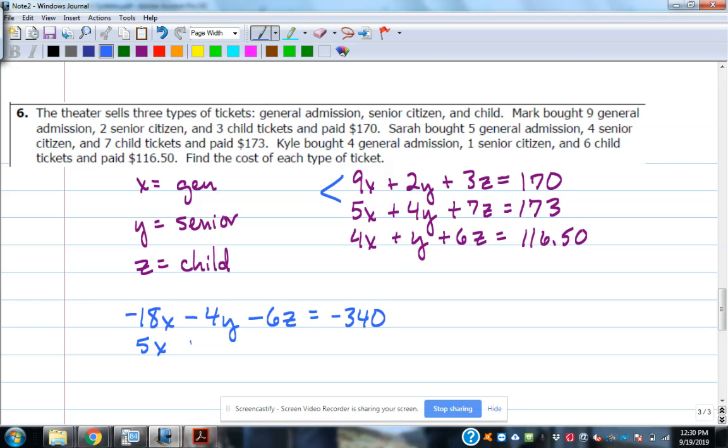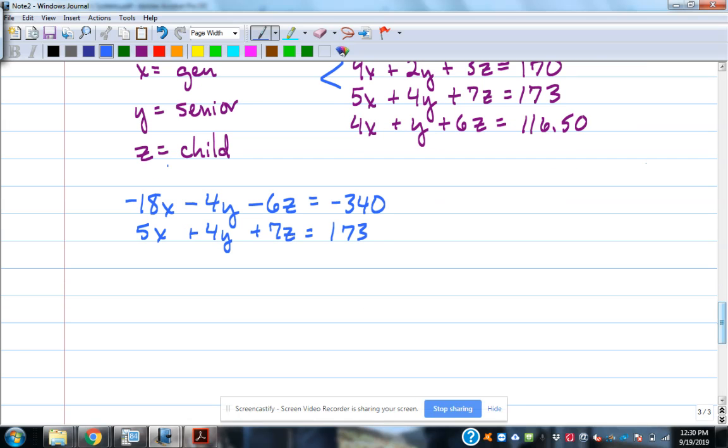It's 5x plus 4y plus 7z equal to 173. Put those together. The y's are eliminated. Negative 13x plus z is equal to negative 167. Is that right?